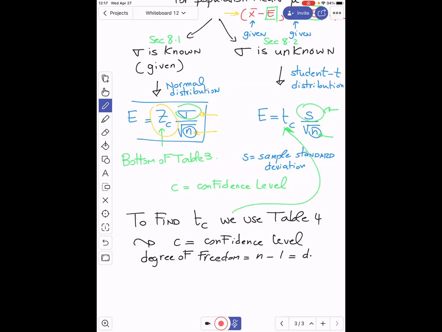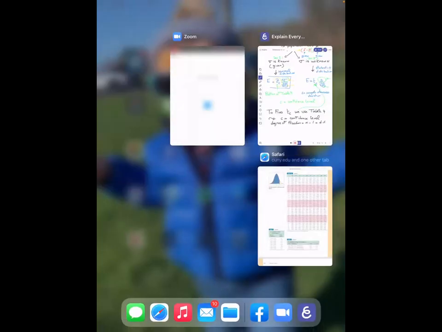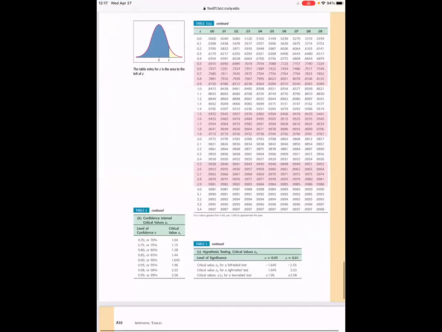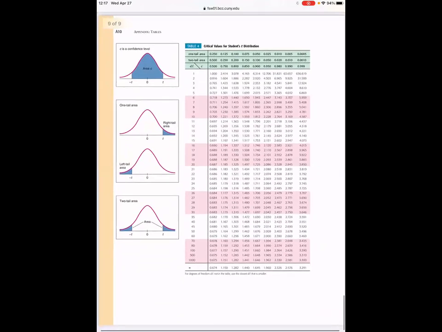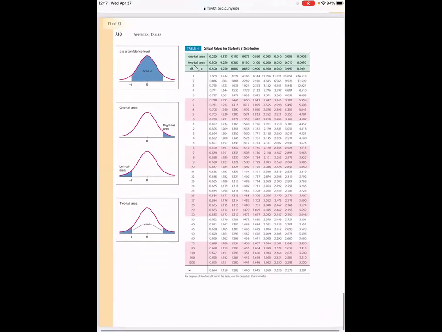So let me show you again this table, table 4. This is our table 3. Now the next table, that's table 4. As you can see in table 4, in the first column there is the degree of freedom. That's n-1. N is the size of the sample, and n is given.